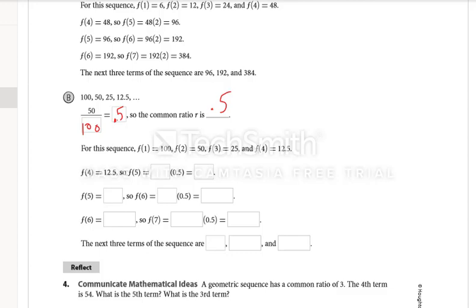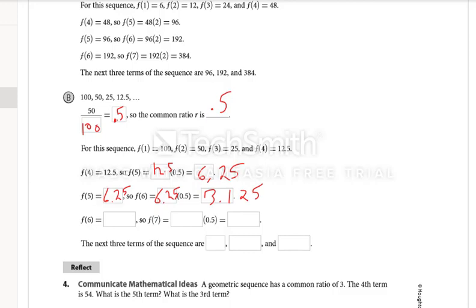So if we want our fifth term, we take our fourth term, 12.5, multiply it by 0.5, so that would give us 6.25. We take that 6.25 and multiply it by 0.5. That's going to give us 3.125.